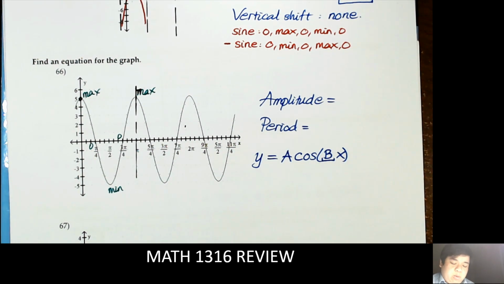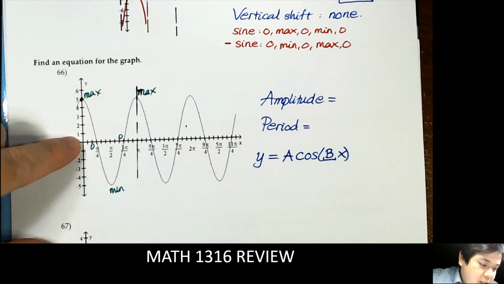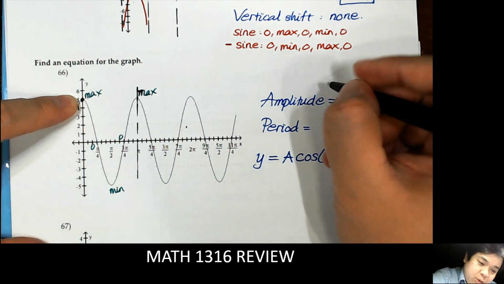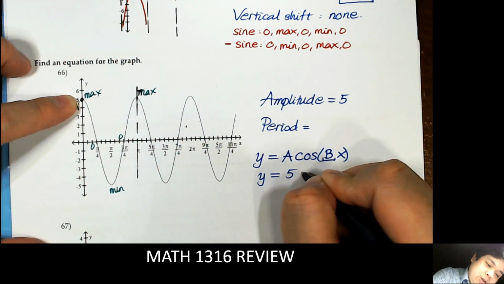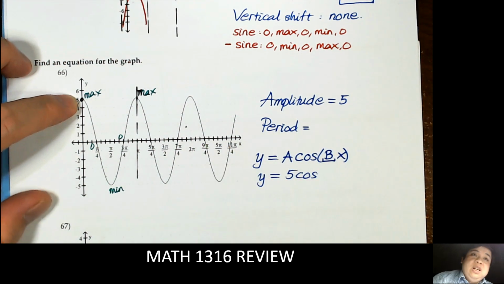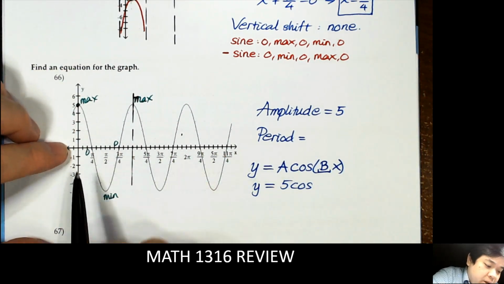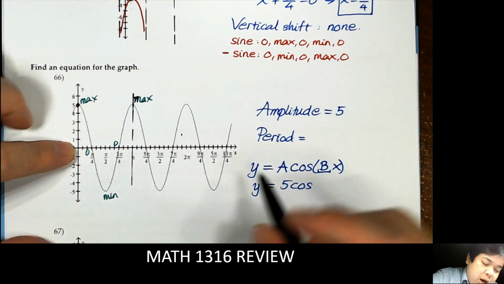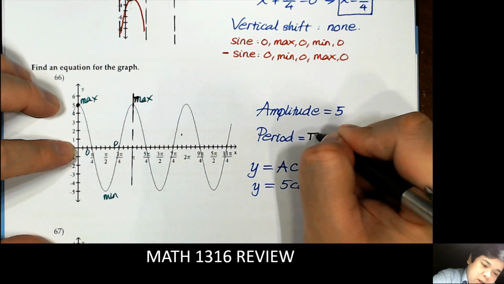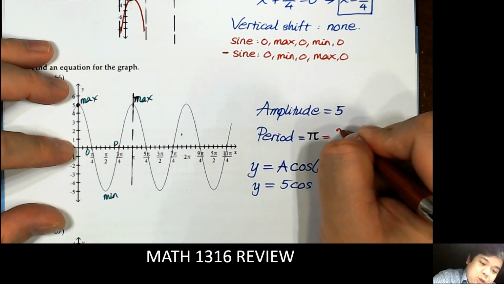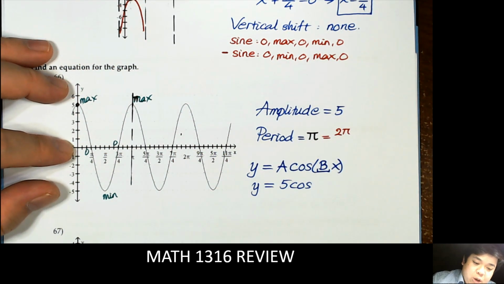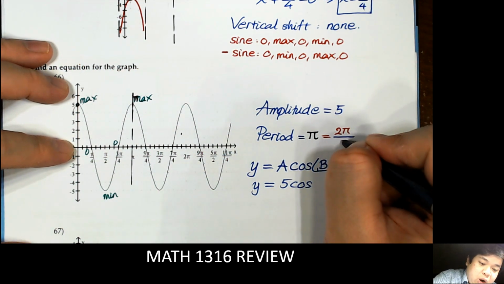Phase shift, we have none, or no vertical shift. Since it goes up 5 units, the amplitude is 5. So this is y equal to 5 cosine of something to be determined. The period, we go from 0 to pi, so the period is equal to pi. But in general, to find the period, we take 2 pi divided by the coefficient of x, which we don't know.